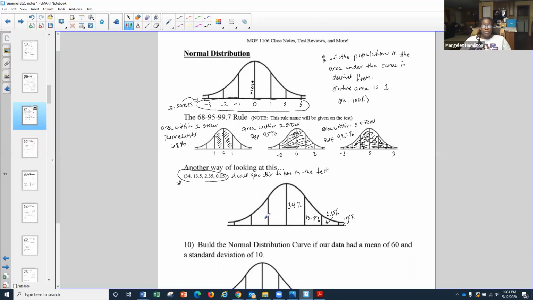Now we're going to go the other side. Now there is no negative and positive because we're talking about percentages, right? So we're just underneath the curve. We're not here with our z-scores, so don't get that confused. So here we're labeling our second half. So this is 34. Then here we said it's 13.5.